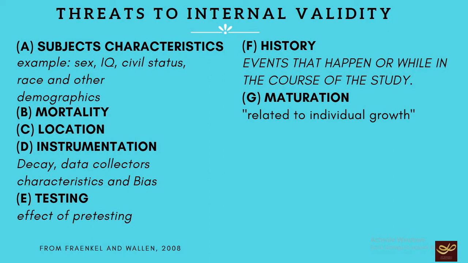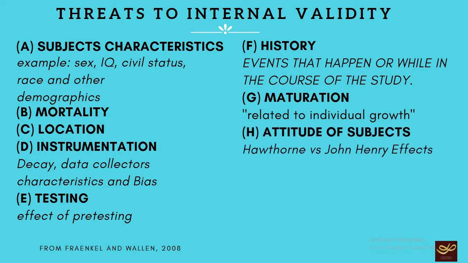They simply matured. We also have attitude of subjects, and this is where I'm introducing two aspects: the Hawthorne versus the John Henry effects. Now, what is this Hawthorne and John Henry effects in the first place? The Hawthorne effect has something to do with the student trying to make up for their losses, and the John Henry effect has something to do with the students making up for something because they know they were given something.